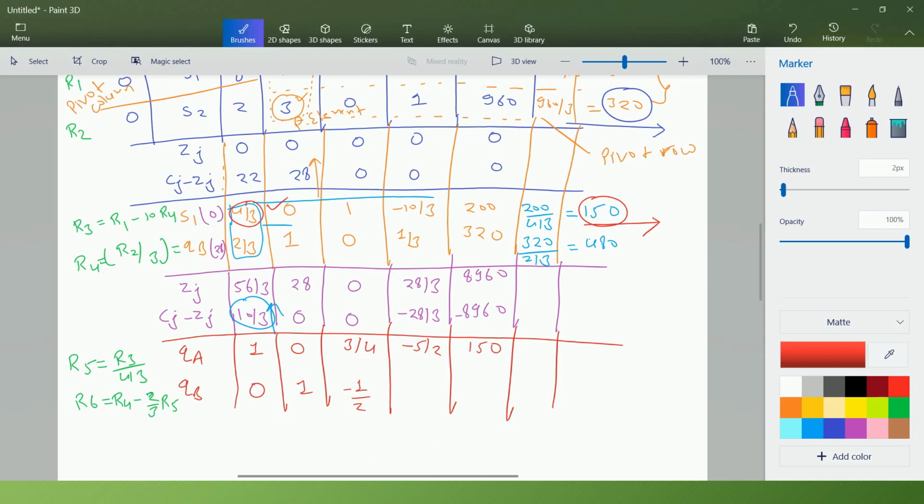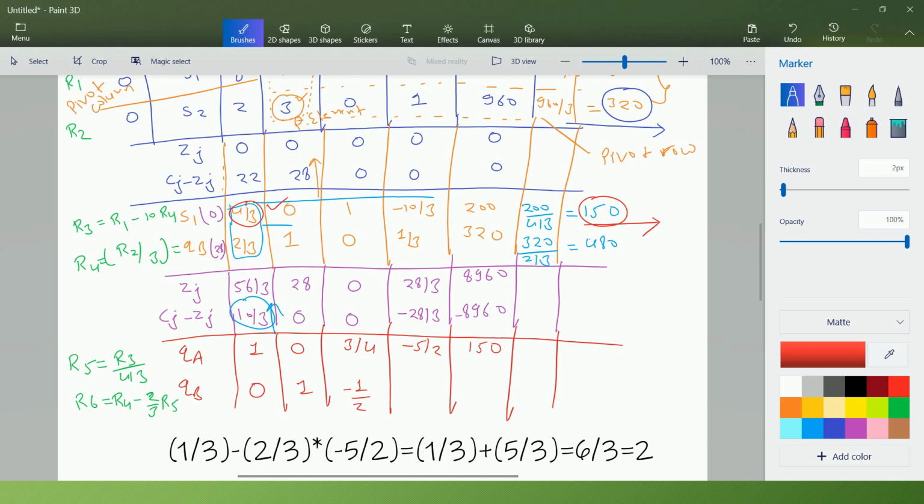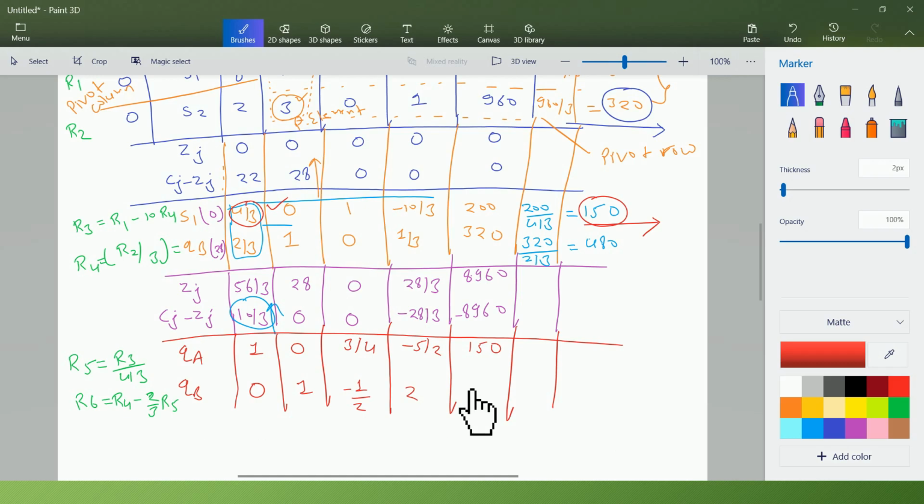Okay. Here 1 by 3 plus 5 by 3, that will be 6 by 3, total will be 2. And here I will get 320 minus 150 multiplied by 2 by 3. This will be 50, this will be 100, so this will be 220. So here I will have 220, okay.